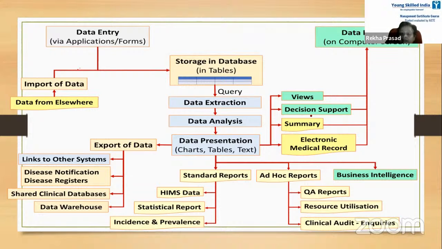For example, if the number of cases for some particular disease has increased, some decision has to be taken to treat those patients. What type of medicines they require, what type of staff they require, all these decisions can be taken on the basis of the data which has been generated. Summary of that data can be done.